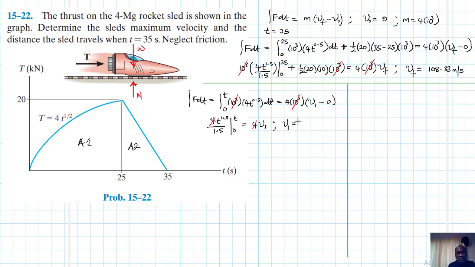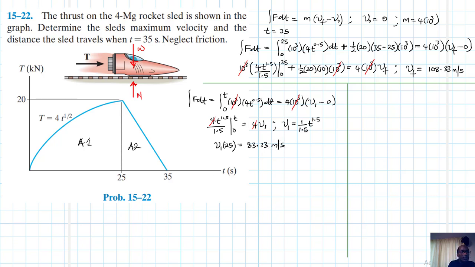I'll leave it like this: 1 divided by 1.5 t to the power 1.5. So it remains like this, 1 divided by 1.5 times 25 to the power 1.5. But we know that v1 at 25 seconds gives us 83. We need to use this later on in our second case.